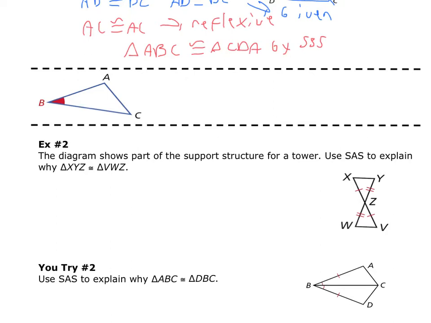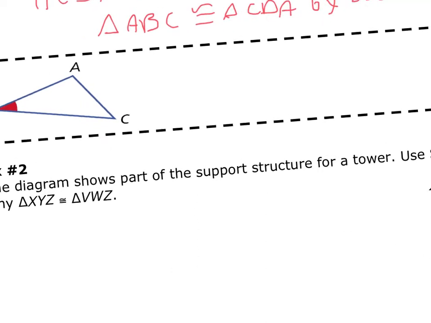Okay, a term that you need to know is called an included angle. So go ahead and write. I'm going to zoom in here so we can have some more room to write. Okay, go ahead and write down included angle. Okay, and I want you to write the following definition.